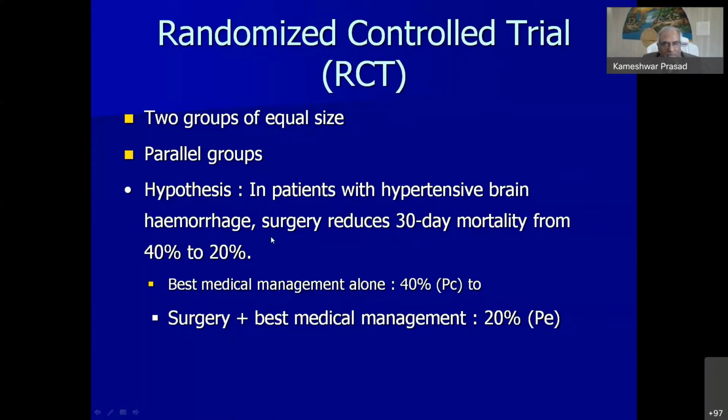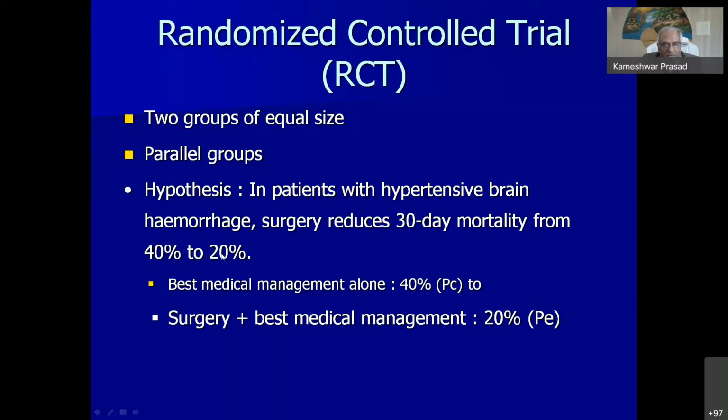These figures are based on studies done on, let's say, case series, natural history studies, or observational cohort studies, where you already know that 40% of people die.